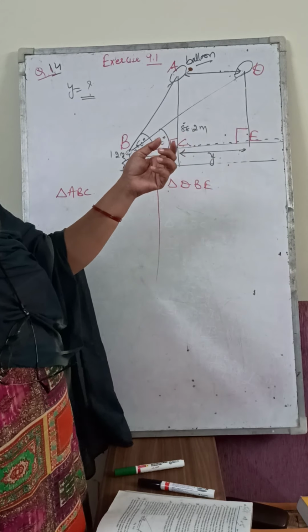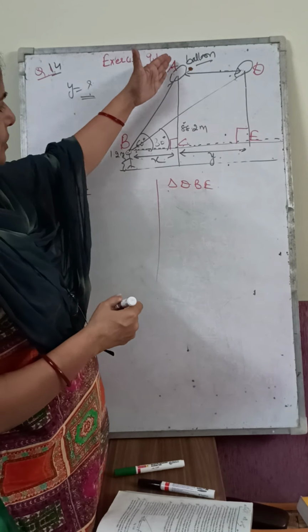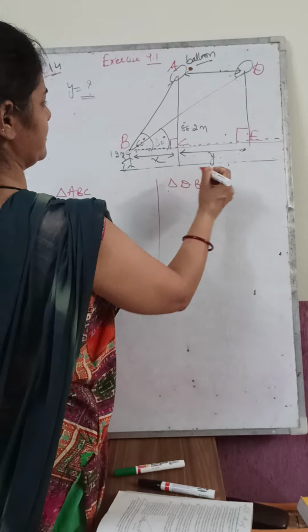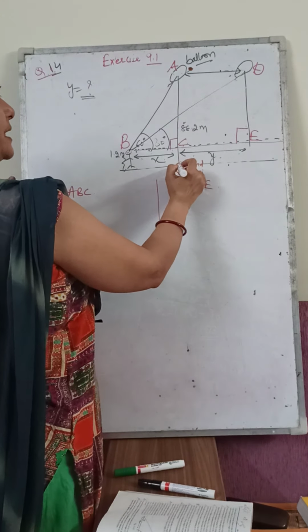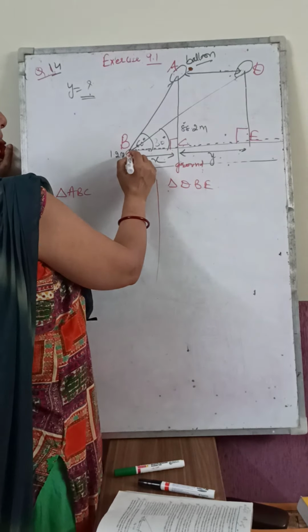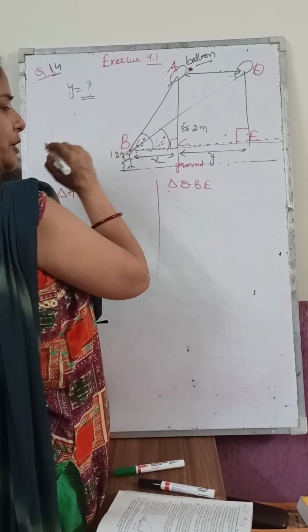Now you just see one thing. This is ground. Total height is 88.2 meter, and the girl herself is 1.2 meter.